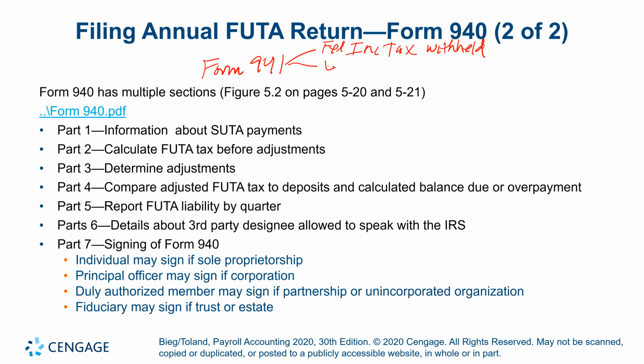This was for the employees' FICA taxes withheld, and for the employers, because remember with FICA taxes, the employee pays a portion, the employer pays a portion, right? So the employer's FICA taxes withheld. That was what the Form 941 was.